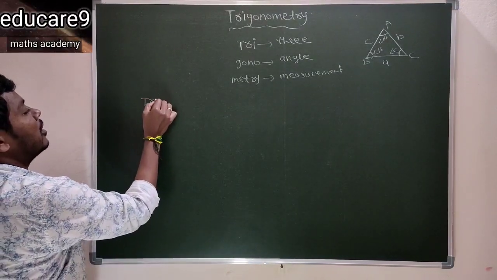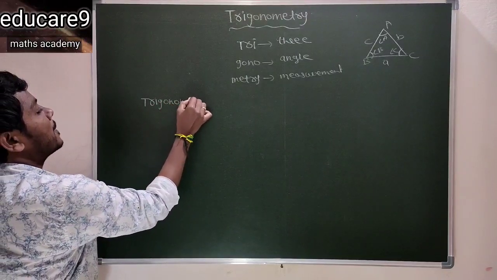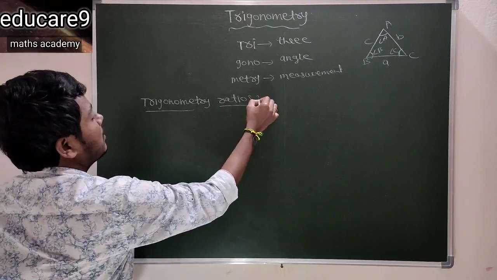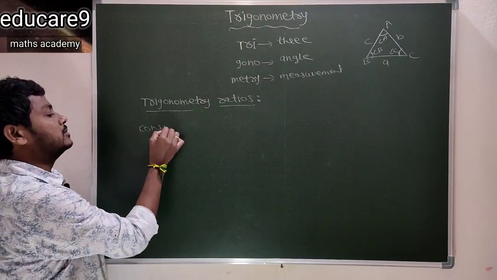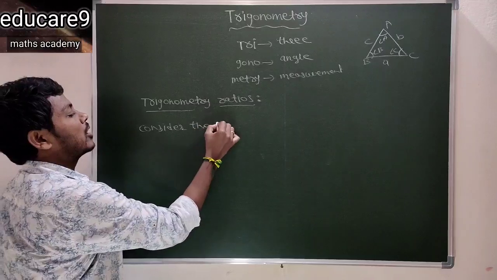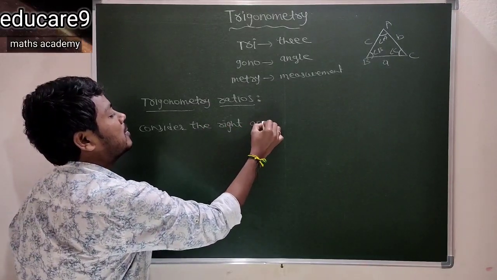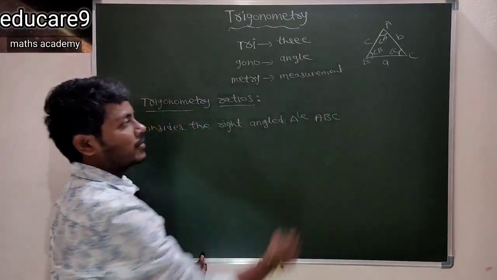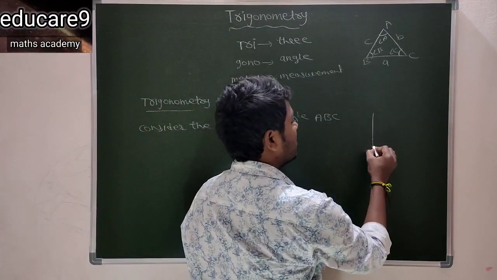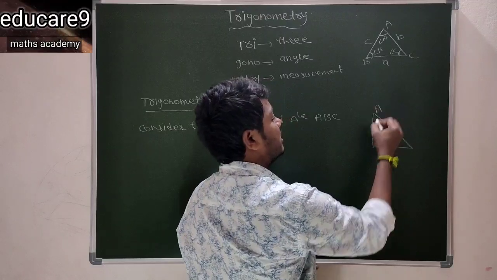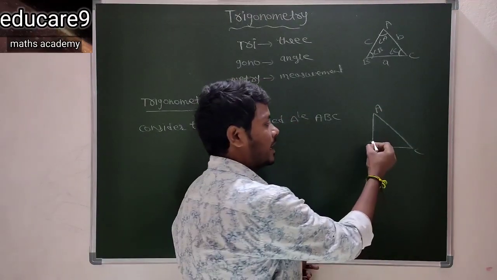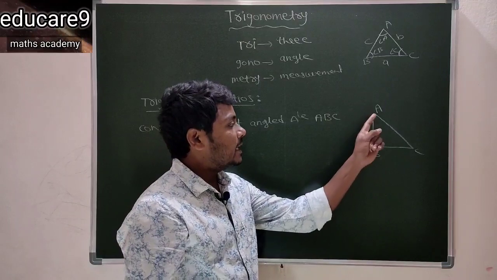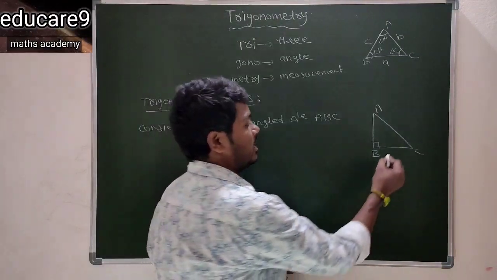So next, trigonometry ratios. Here, consider the right angle triangle ABC, with the right angle at B. The angle between AC and CB is some theta.